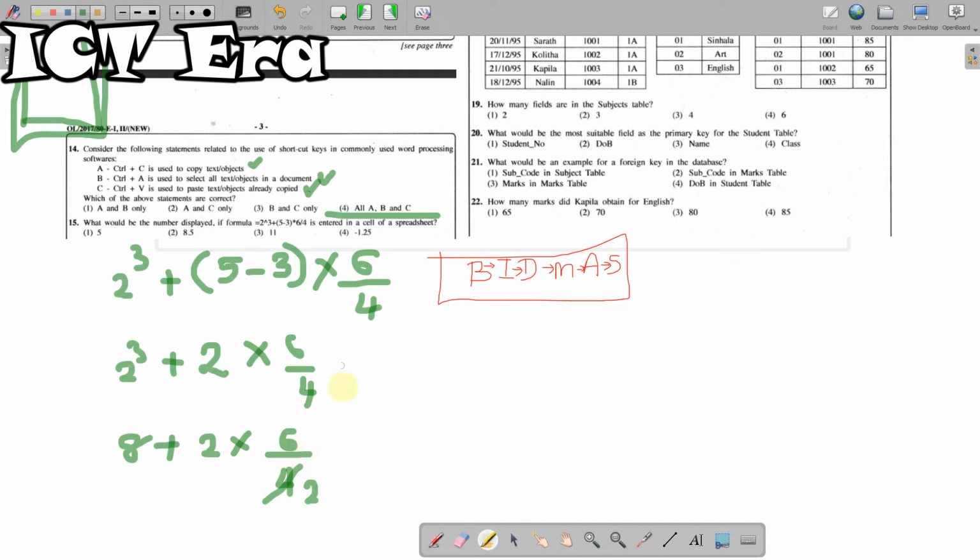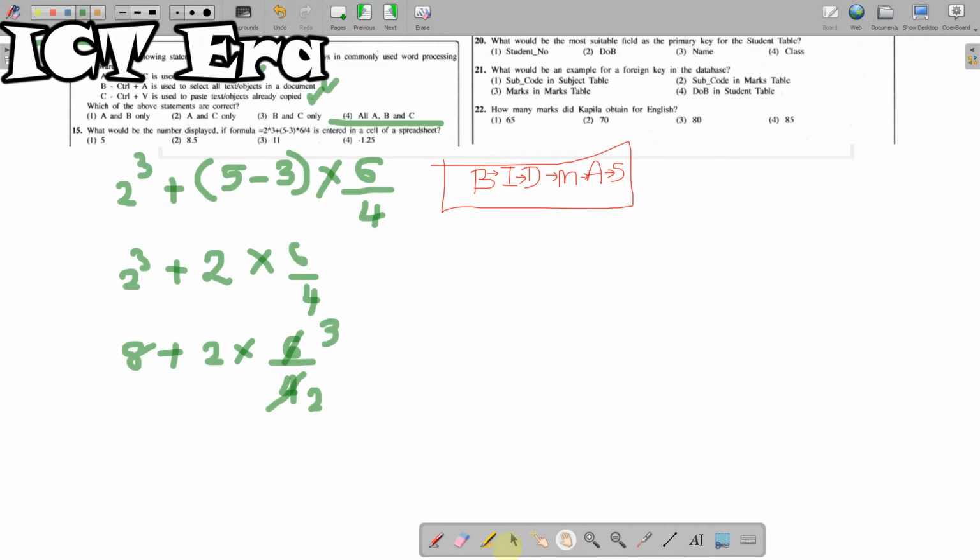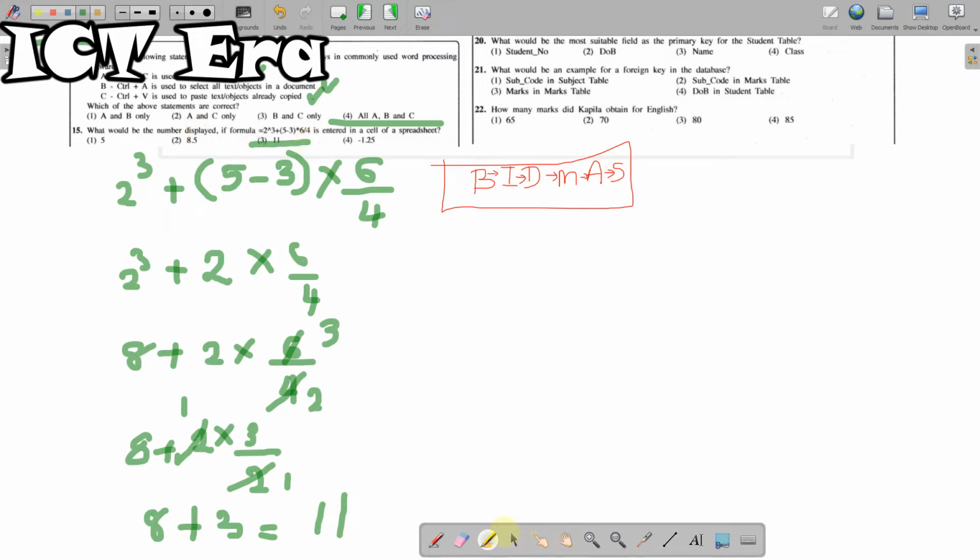Right? Then here 2, then here 3. And then we have to do multiplication. 8 plus 2 into 3 over 2. Okay, then we can cut this. Here 1, here 1. Then 8 plus 1 times 3, 3. The next step is addition. 11, but subtraction is not given, so the answer can be taken as the third one, 11.